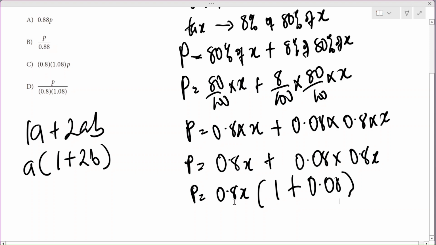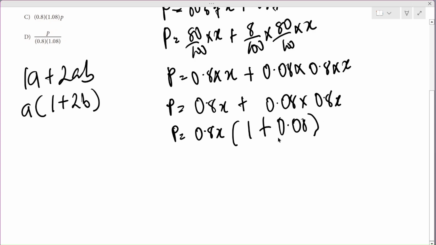If you multiply 0.8x by these two values, you get the initial line. On the next line, we add what is in the bracket: P equals 0.8x in bracket 1 plus 0.08 gives 1.08, close bracket.